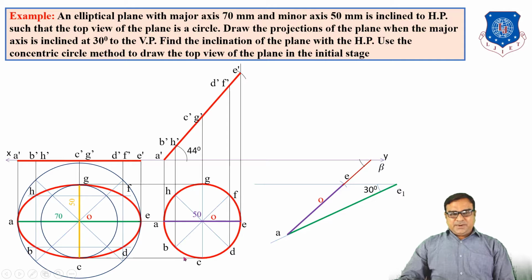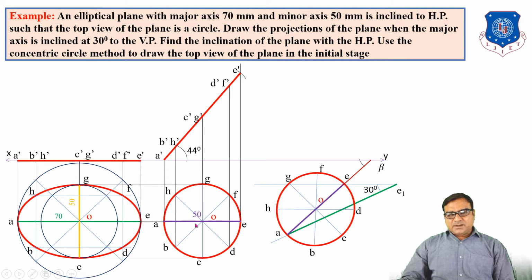Copy and paste this circle here: by taking the midpoint of A, draw a vertical line perpendicular to A. Now draw the circle of diameter 50 mm. But what is the difference between these two figures? Here the top view of the major axis A is parallel to VP, meaning parallel to XY.